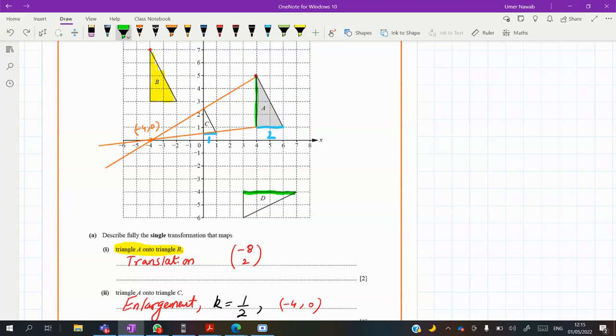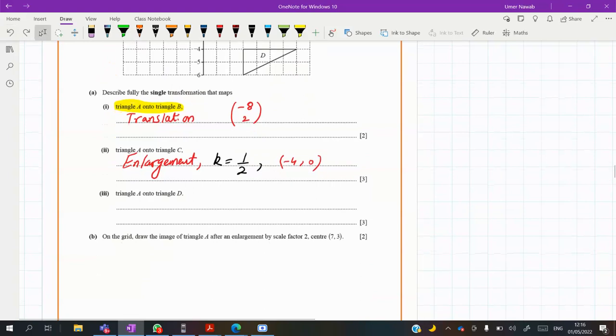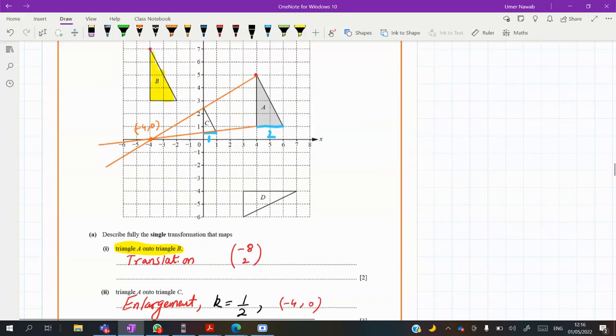If it is 90-degree rotation, you need to also see what type of orientation it is, clockwise or anti-clockwise. Let me just first write that this is rotation, this is 90-degree. Now if you can see that this triangle is in this shape, it makes you feel that if you rotate this triangle in this way, then this shape will be formed.